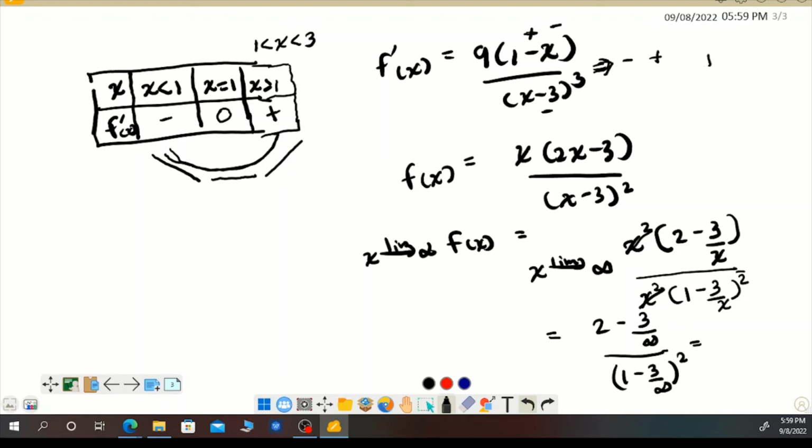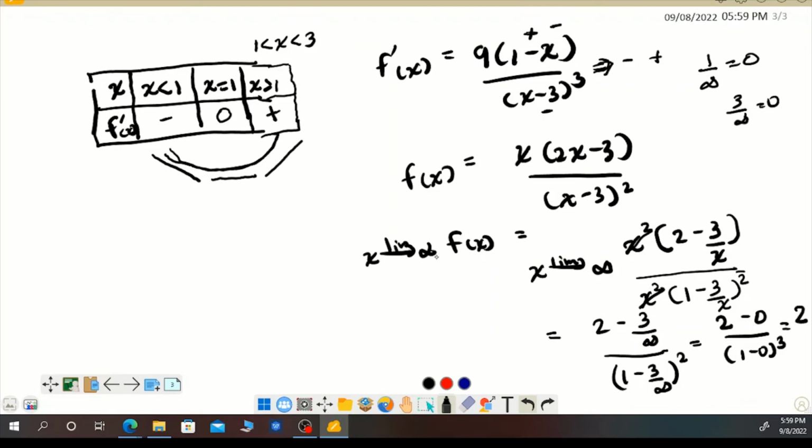We know that 1 over infinity is equal to 0 from the limits lesson. 3 over infinity is also 0. So I can write this as 2 minus 0 divided by 1 minus 0 squared, which gives me 2.